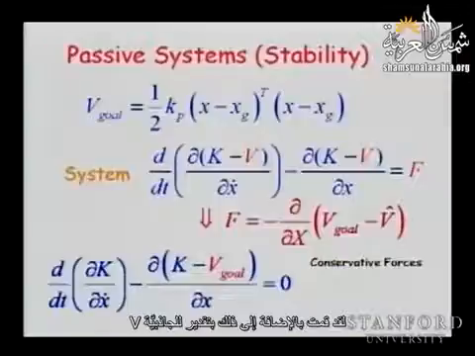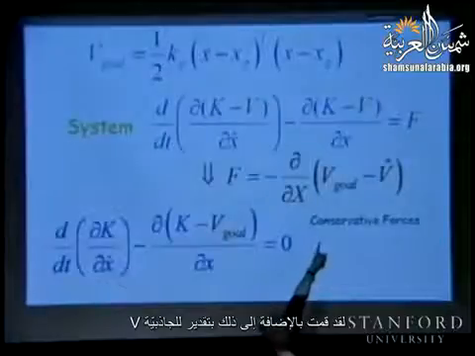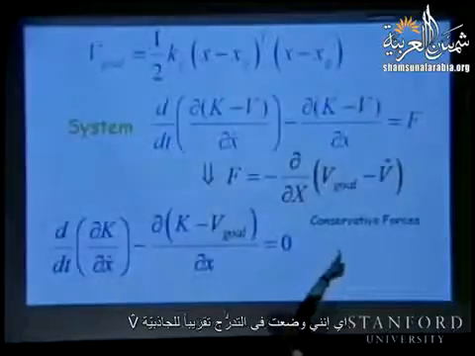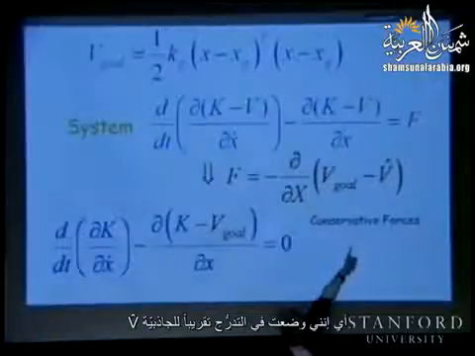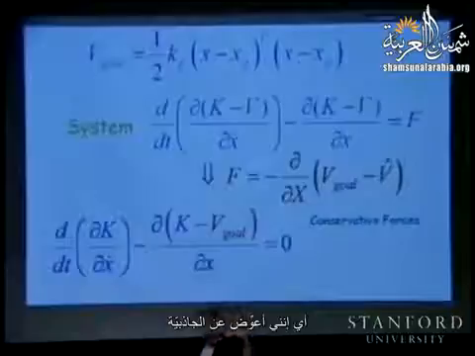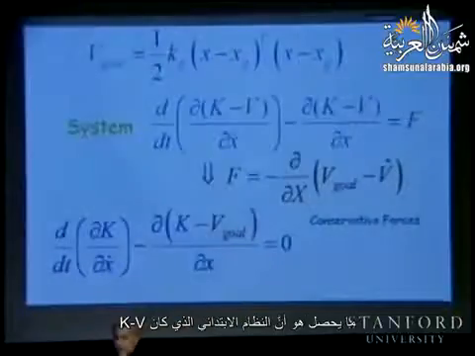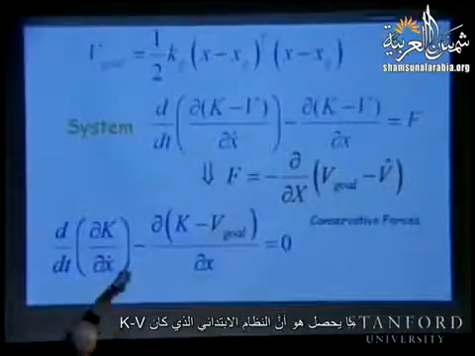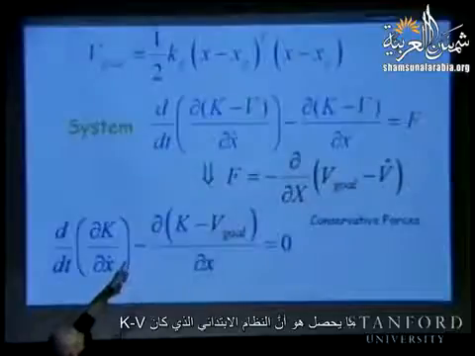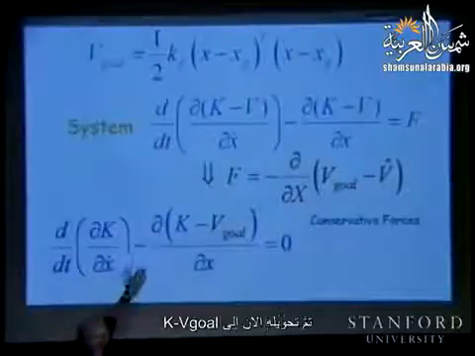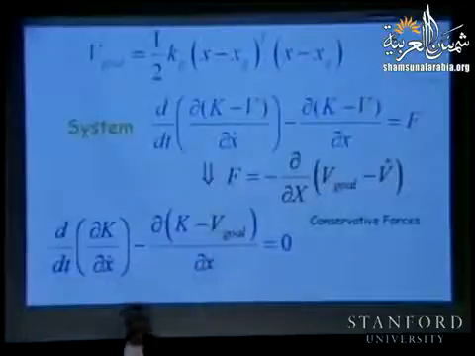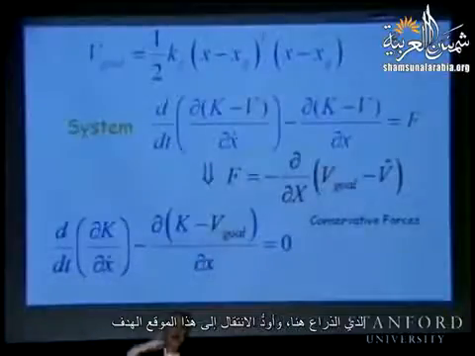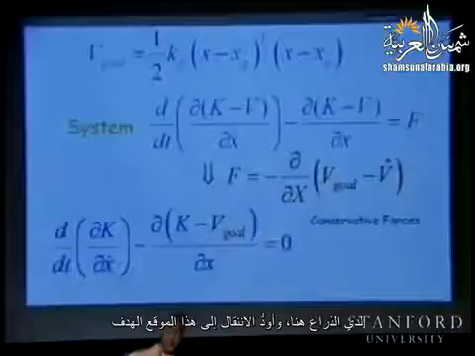Essentially, in addition, I made an estimate of the gravity V. So I put in my gradient some estimate V hat of the gravity, so I'm compensating for the gravity. The initial system that was K minus V is now transformed into K minus V goal. It's like I have my arm and I would like to move to this goal position.